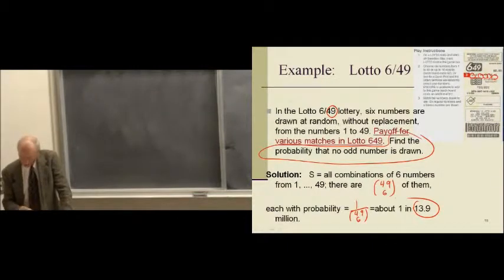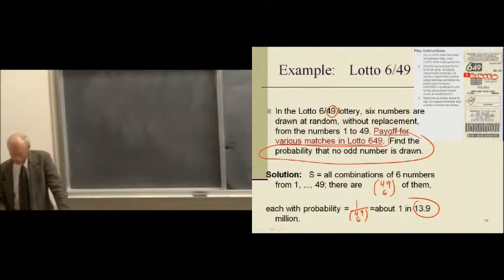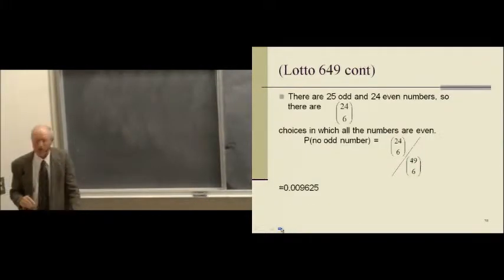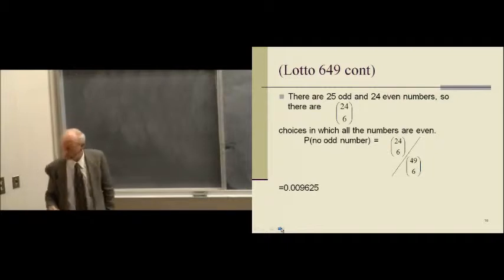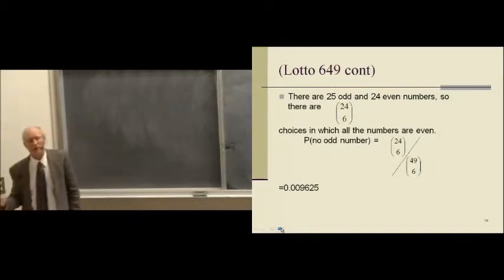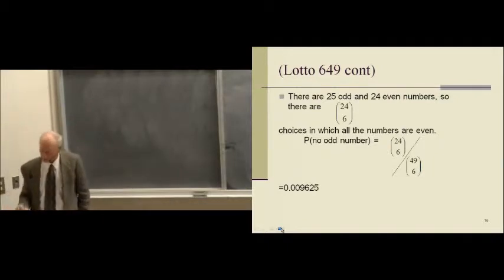The question, however, was the probability that no odd number is drawn. So how do we determine that? There are 25 odd numbers in total and 24 even. So in fact, there aren't equal numbers of the 2.